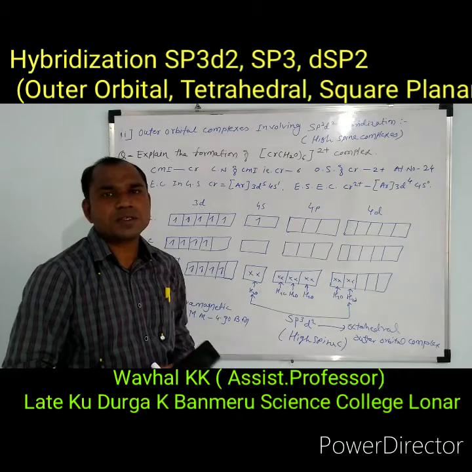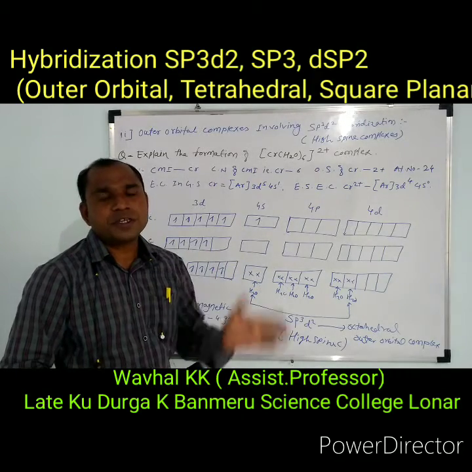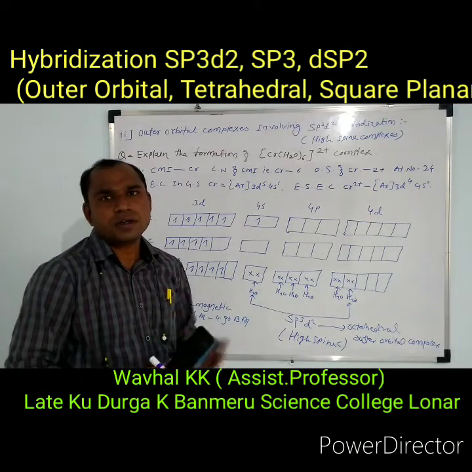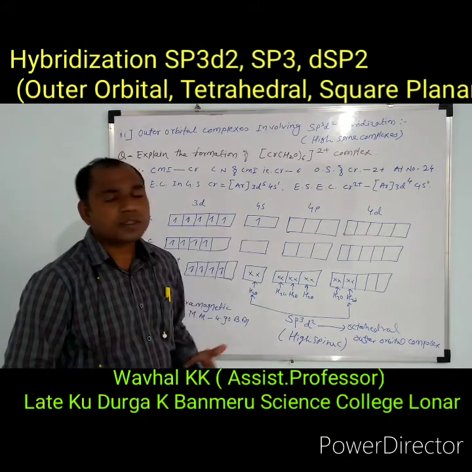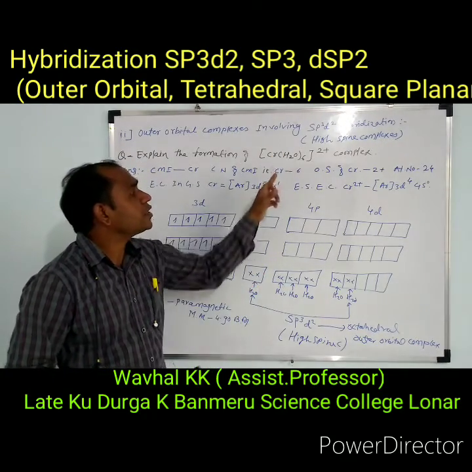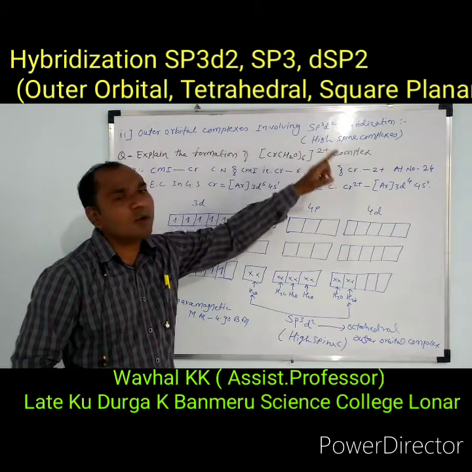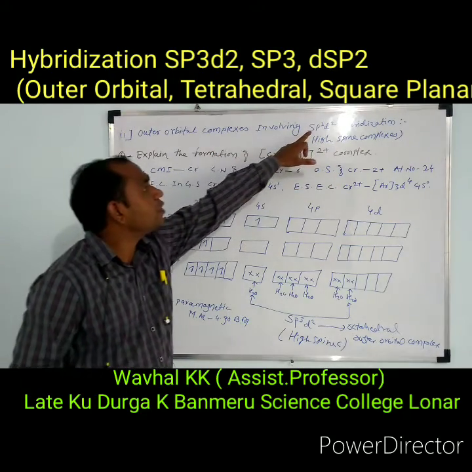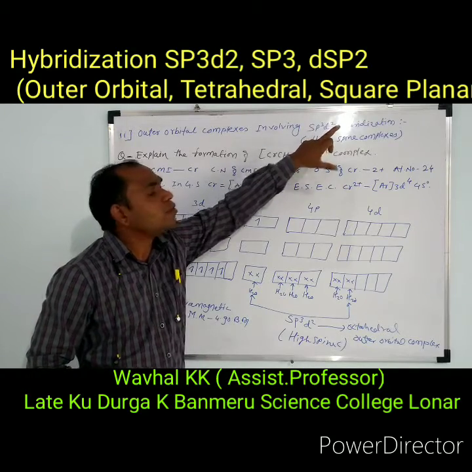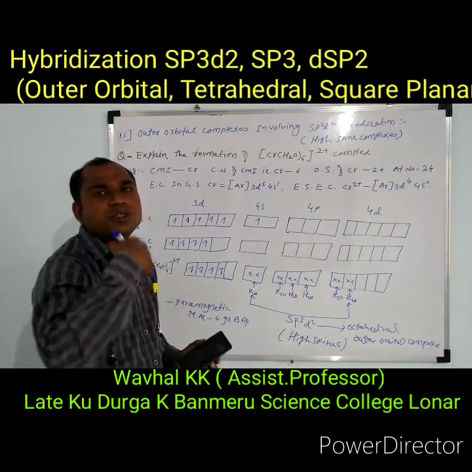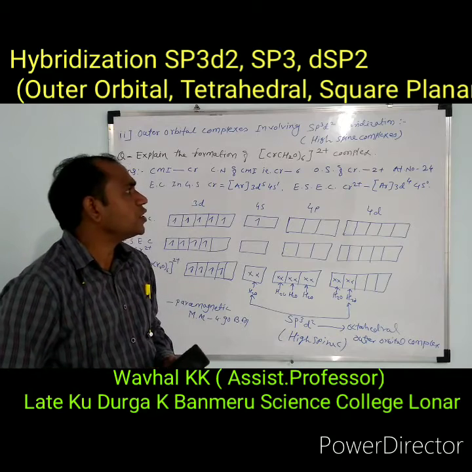In low spin complexes, the magnetic moment is decreased from the free metal ion. Hence it is called a low spin complex. These are examples of high spin complexes involving sp3d2 hybridization, because the outer d orbital is used.